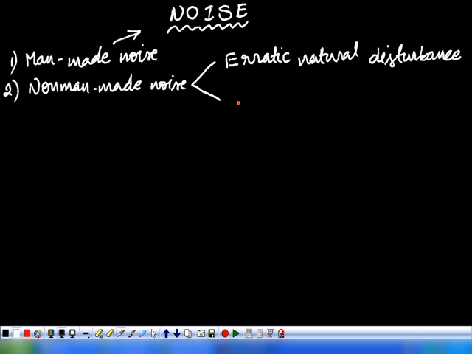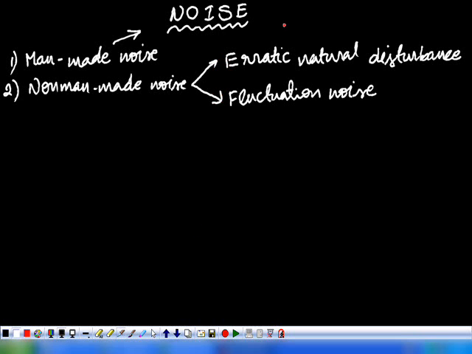Therefore, we cannot keep the source of the noise away from the system, or eliminate the noise completely, but we can reduce the noise by proper design of the system. That is the difference between man-made noise and non-man-made noise. Another noise is the fluctuation noise. So these two come under non-man-made noise.